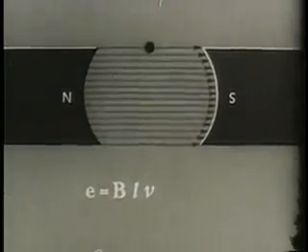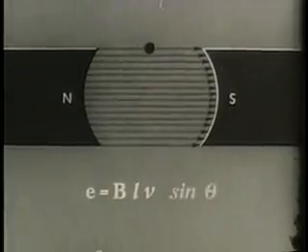Therefore, when the conductor moves in a rotary path, another factor is added to the original formula for the determination of instantaneous EMF. The formula that now applies is instantaneous EMF equals field strength times the length of the conductor times velocity multiplied by sine theta.